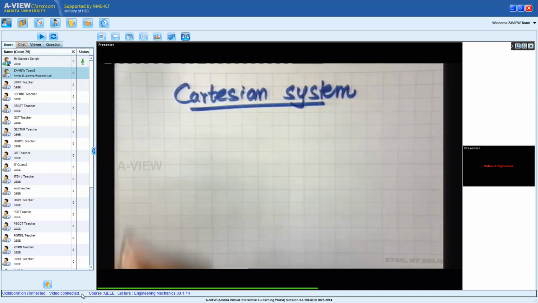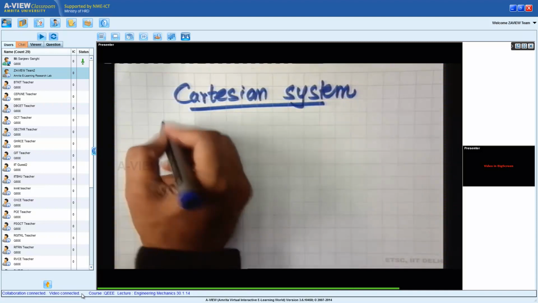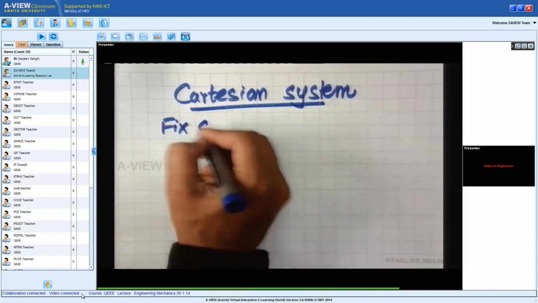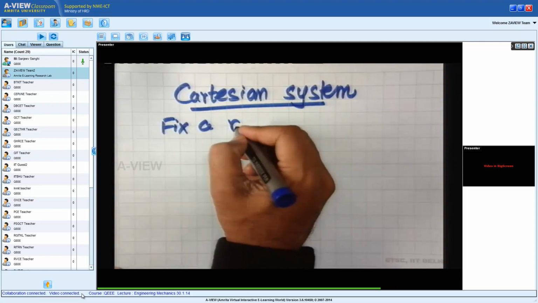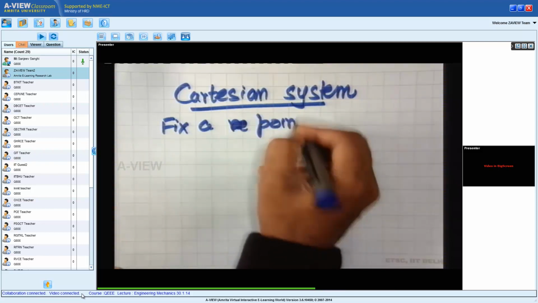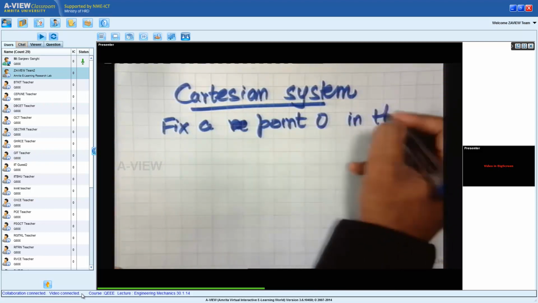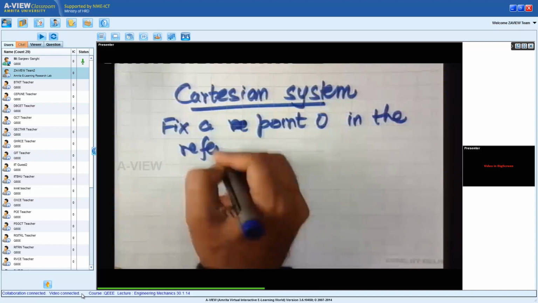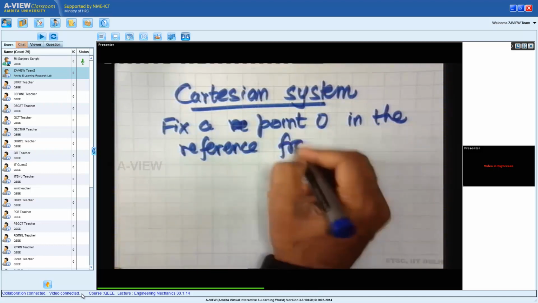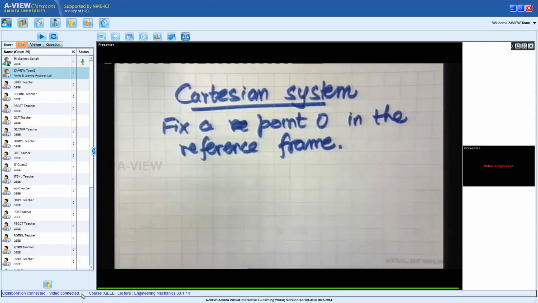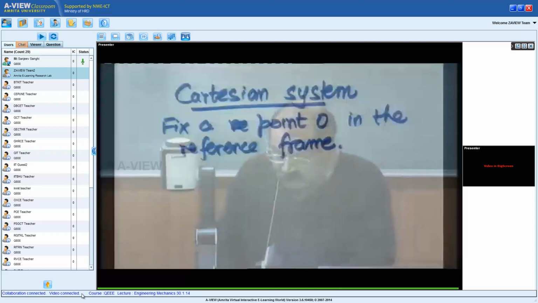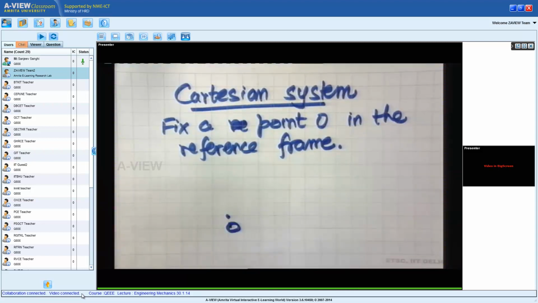How do we make a Cartesian system of coordinates? First of all, we fix a point O in the reference frame from where we are measuring the quantities. The quantity could be distance, it could be force, it could be anything. Somewhere we fix a point O.